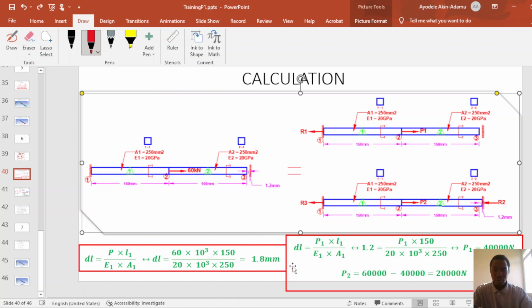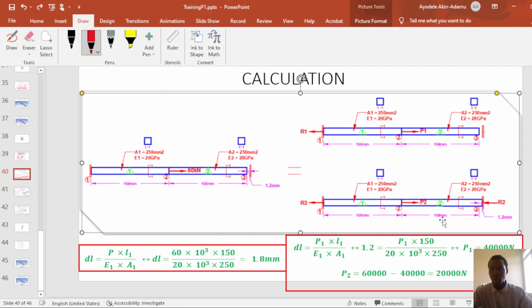So we can calculate the value of P1 by determining the force. The question here, for the first structural model, is what value of P1 will stretch this body by 1.2 mm?